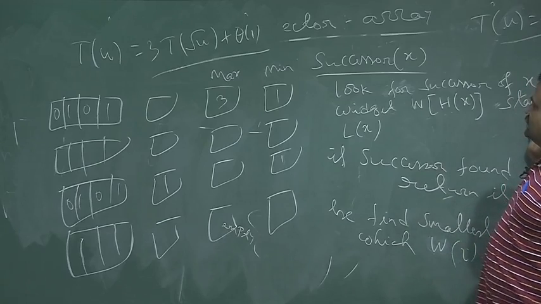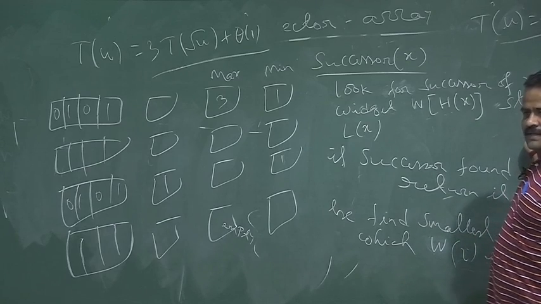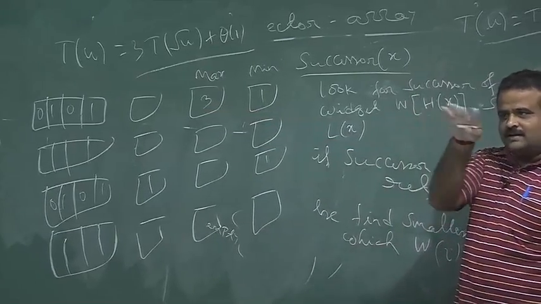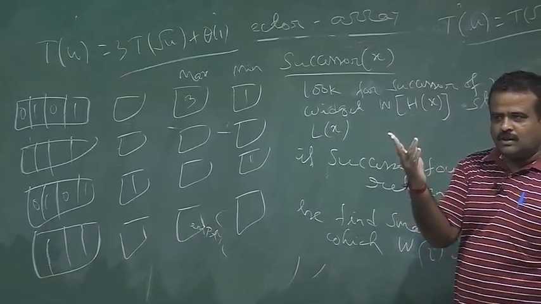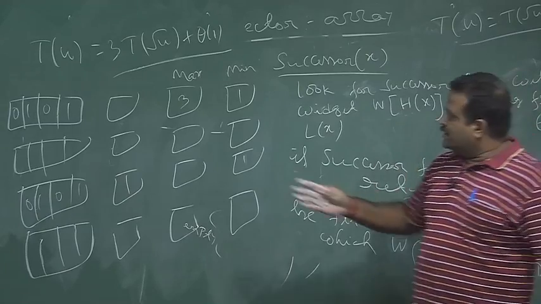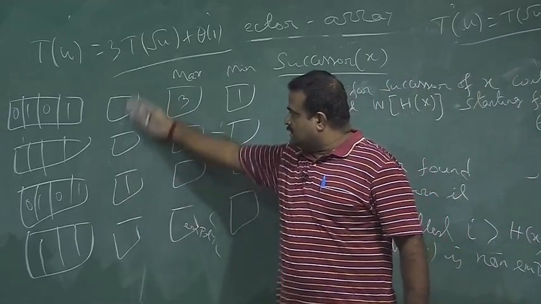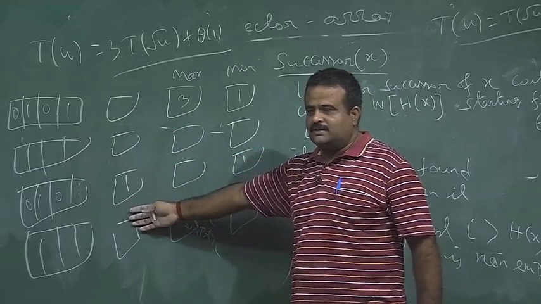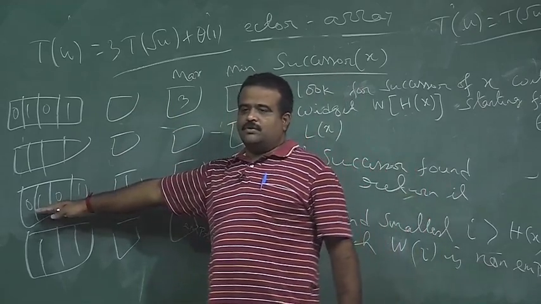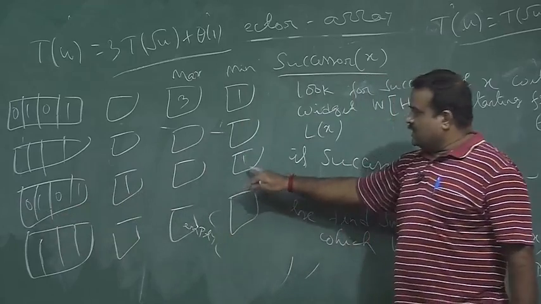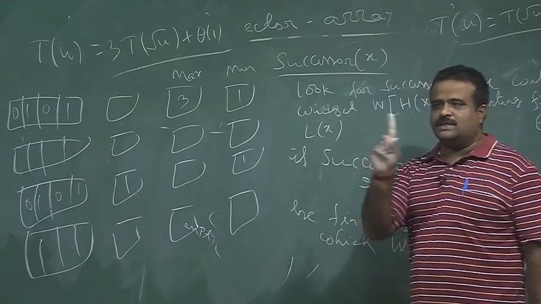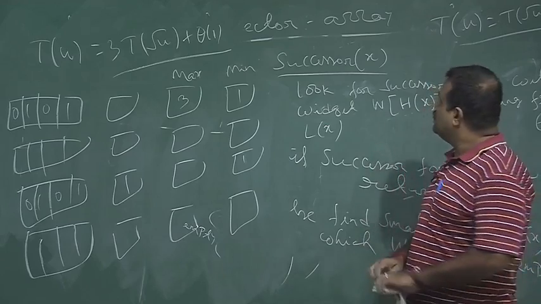If low of x is less than the maximum, then we look for the successor in that block, that is one call. If not, then we make a call to get the successor among the non-empty elements, go to the particular widget, and return that particular minimum element. So, only one successor call in any case.